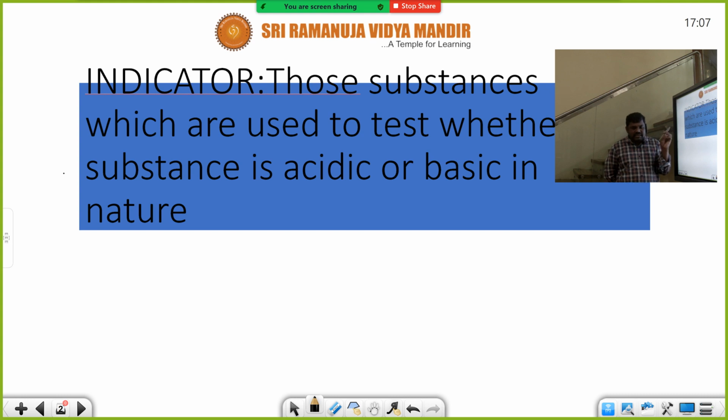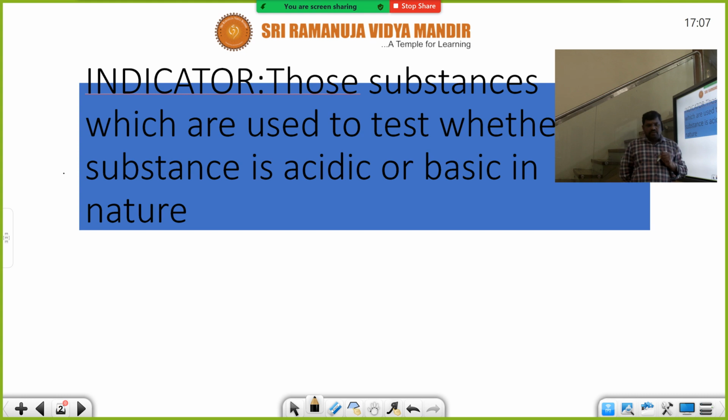Orange becomes pink, that is the red. Added to the base, it forms a yellow color, pale yellow or golden yellow. Finally, the phenolphthalein indicator. Phenolphthalein indicator is colorless. When added to the acid, it remains colorless.